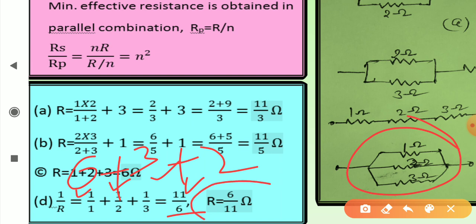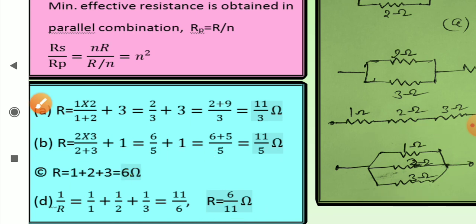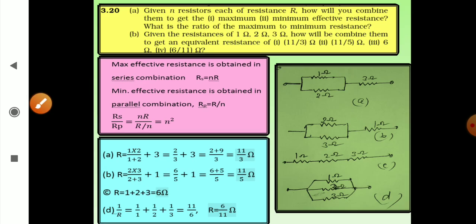And taking reciprocal you get R is equal to 6 upon 11 ohm. जो हमने रिलेशन बताया वो केवल R1 R2 upon R1 plus R2 जो है वो एप्लीकेबल है केवल 2 रेसिस्टेंसेस के लिए. 3 रेसिस्टेंस में डायरेक्टली आप नहीं यूज कर पाएंगे. So I hope you understand. This is a very good question.